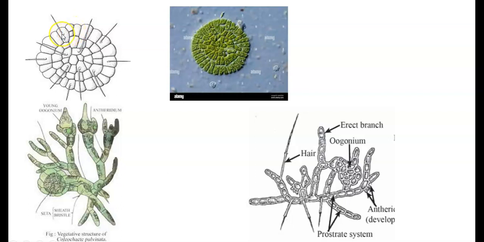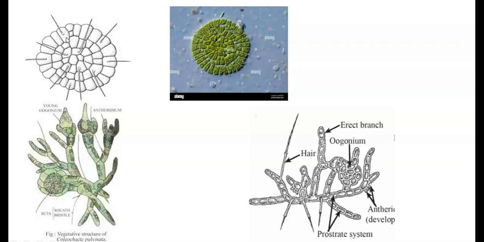And one uninucleate parietal chloroplast will also be seen within the Coleochaete. What is a uninucleate parietal chloroplast? Near the periphery, not the surface, near the periphery you can see the presence of chloroplast. That is why it is called parietal chloroplast, which is having a single nucleus.